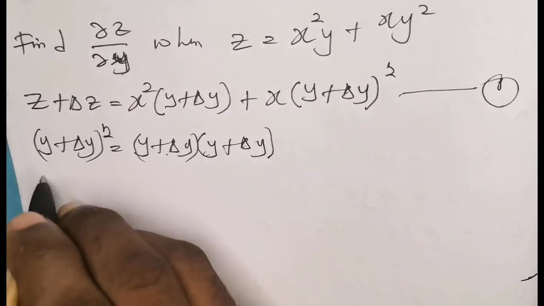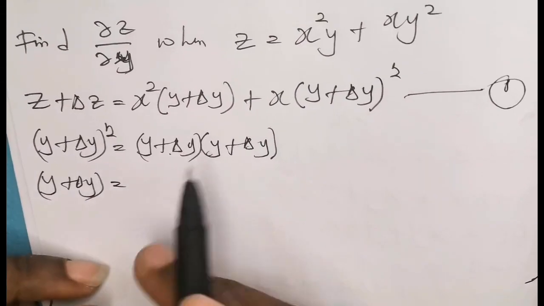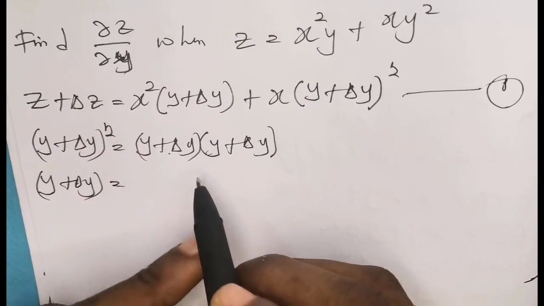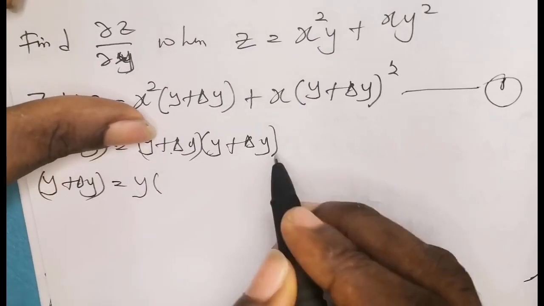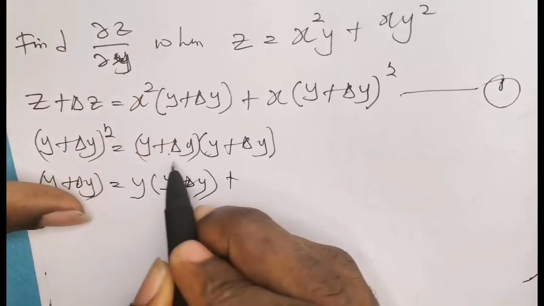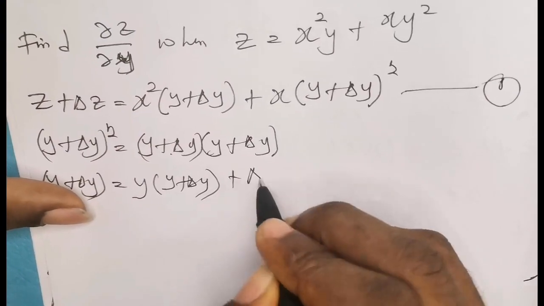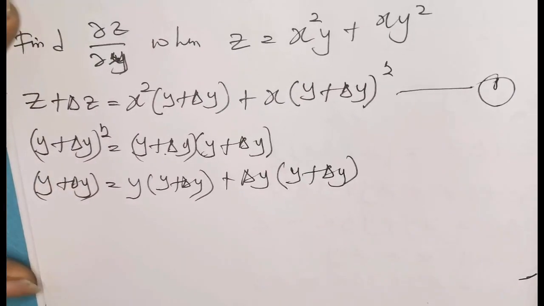So I have that y plus change in y is now equal to, so I'll be using every term in this bracket to expand every term in this bracket. Beginning from y, I will use y to expand this whole bracket, y plus change in y, plus next I will use change in y to expand this whole bracket, change in y multiplying y plus change in y. I will simply have this.